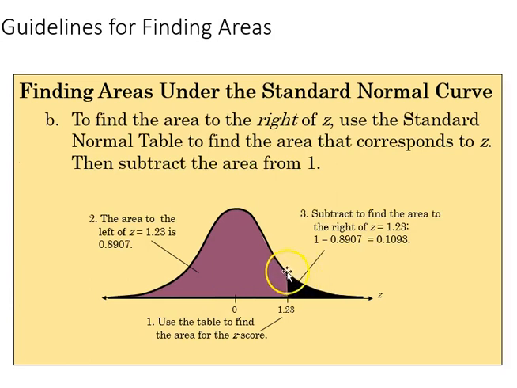If we want to calculate anything to the right of a z-score, then we start with the cumulative area, so we still need to figure out how much is covered here, 0.8907 in this case. Then if we're looking for the remaining area, we know that the total curve is 1, so if we subtract this number from 1, we're going to get what's left, and that's 0.1093.